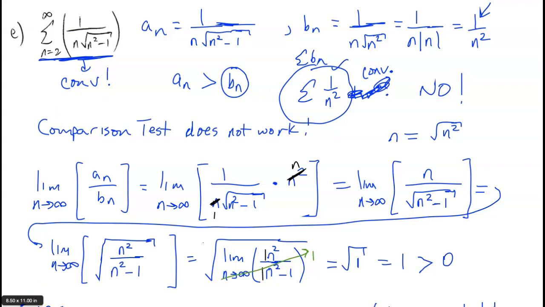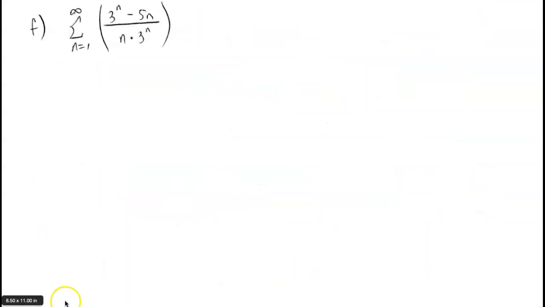All right, so let's look at another example. For this example, we see that we actually have a two-term numerator here. So what I could do is rewrite this particular series this way.